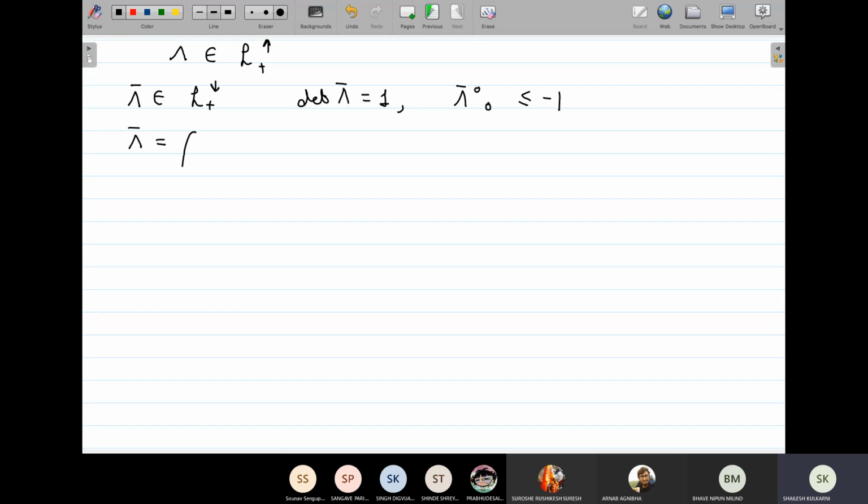If I consider the matrix with entries minus 1, plus 1, plus 1, plus 1, and the rest of the entries zeros, and multiply this to lambda, then I am bound to get a matrix whose determinant is plus 1.